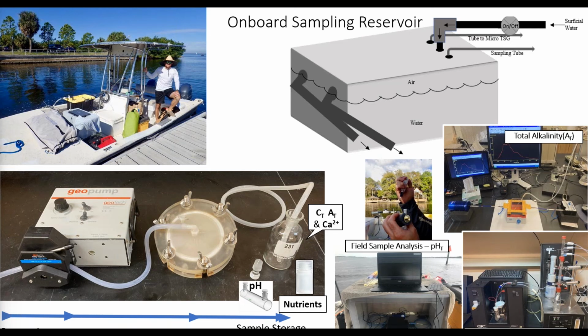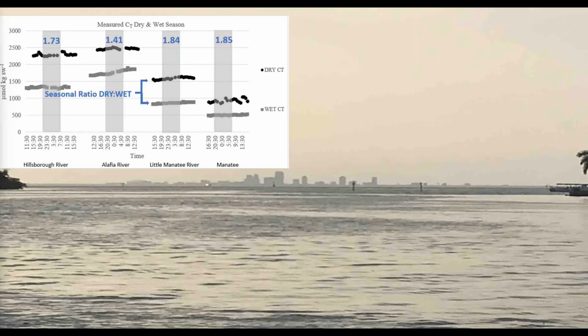Second, water samples were collected for total dissolved inorganic carbon, which I'll be referring to here as CT, we collected water samples for total alkalinity, which I'll be referring to as AT, and we also collected water samples for calcium analysis for saturation state calculations. Lastly, water samples were also collected for major inorganic nutrients, but I won't be discussing those results today. Next slide, please.